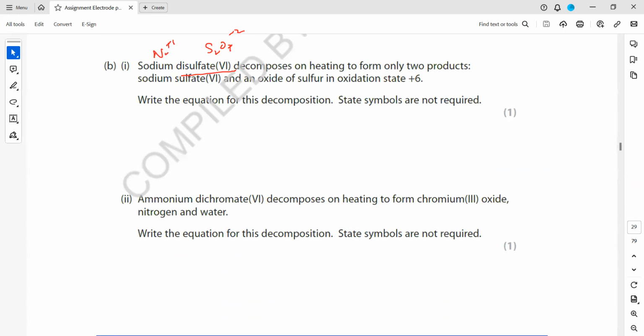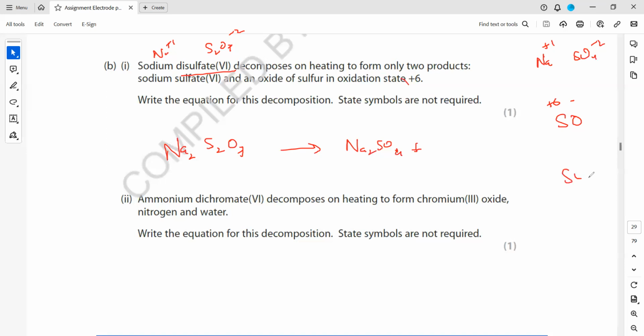So the formula for the disulfate(VI) ion, that is Na2S2O7. We just cross multiply, Na2S2O7, and it decomposes to sodium sulfate(VI), Na2SO4, plus the oxide of sulfur with sulfur in oxidation state +6.